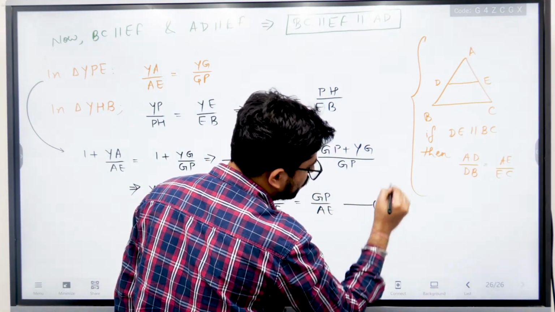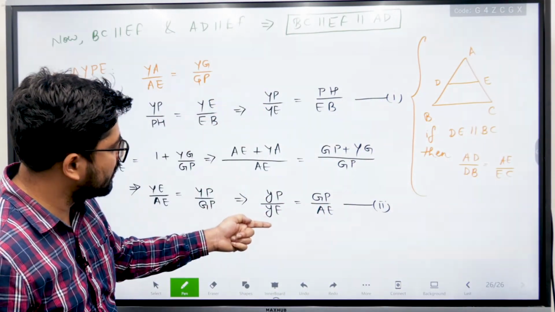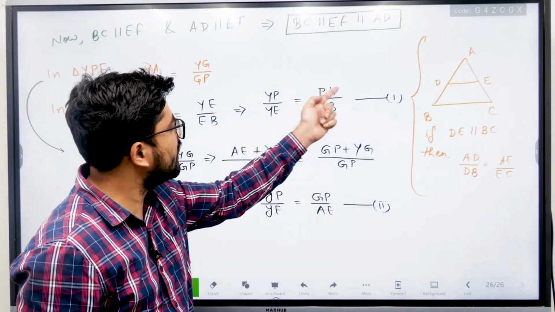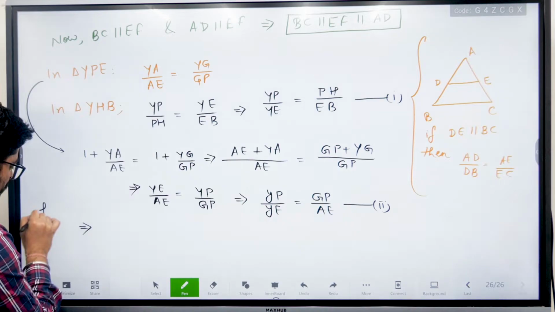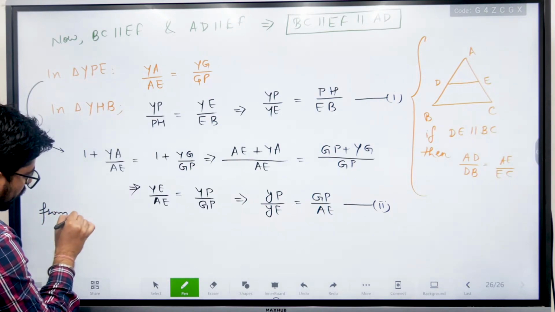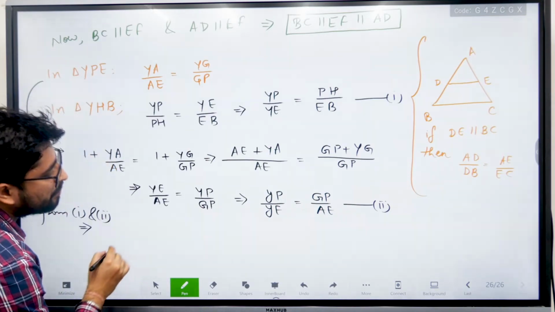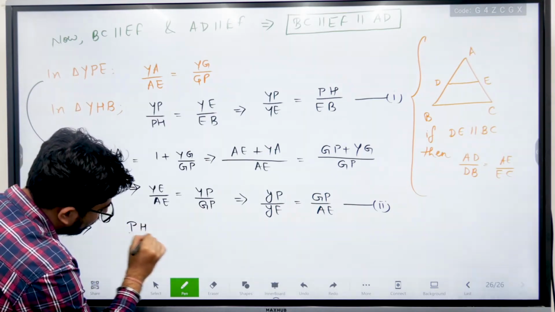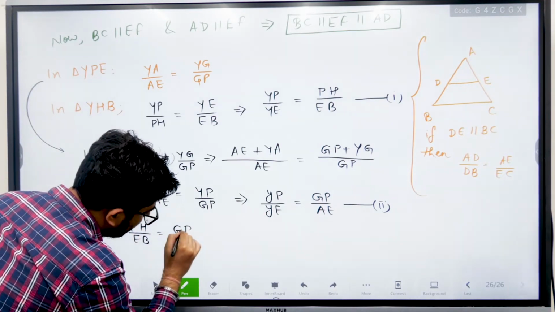Let's say this is 2 and this is 1. So from first and 2 we can say PH upon EB is equal to GP upon AE.